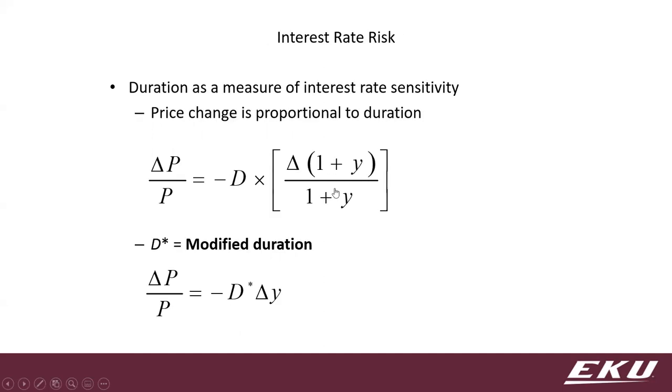So as that yield changes, multiplied by duration, that tells us what the price change will be. And then we also have something that we call our modified duration, which instead of this change in 1 plus y, it's using this delta y, but we have to change the way we calculate this to account for that small difference.